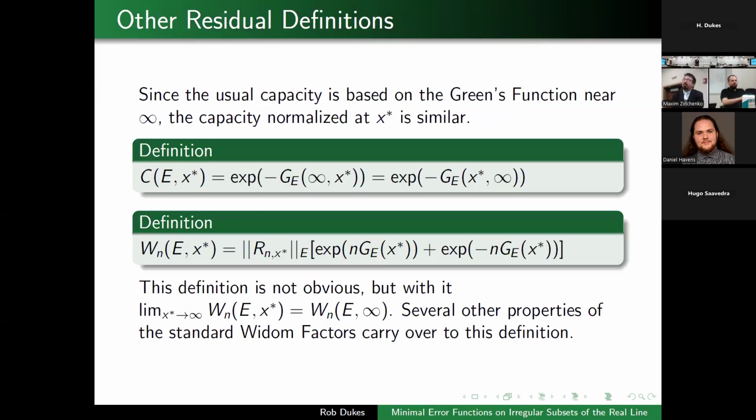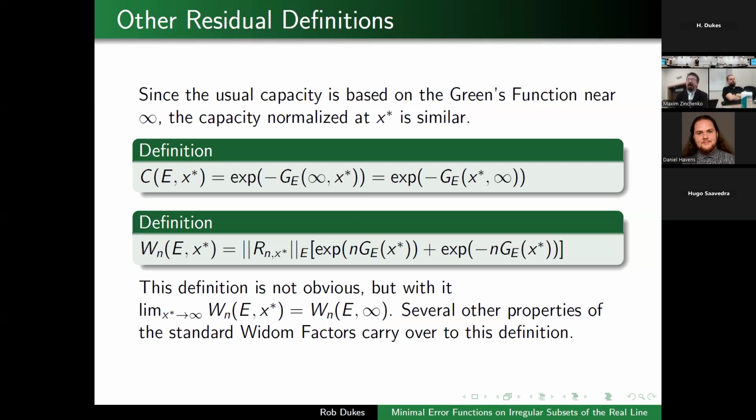All right, so capacity, similar thing. Capacity comes out of the Green's function. So if we want to say what the capacity at x star is, it is the exponential of negative g, the value at x star. So the regular Green's function, plug in x star, and you get capacity. And it works the same way.